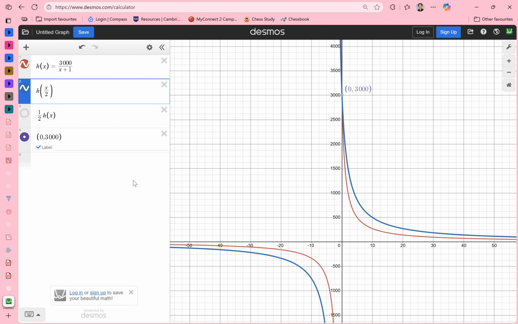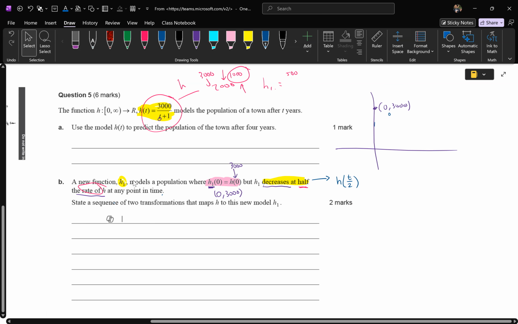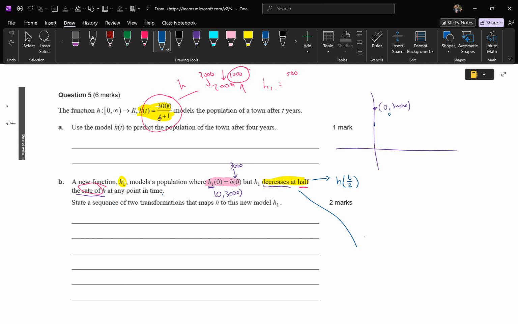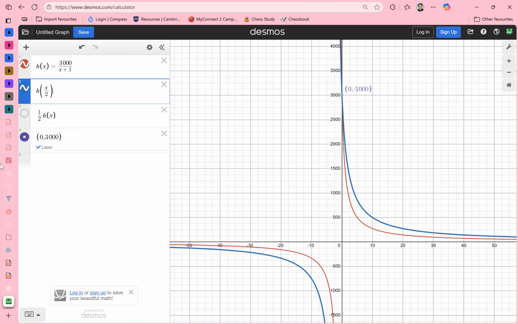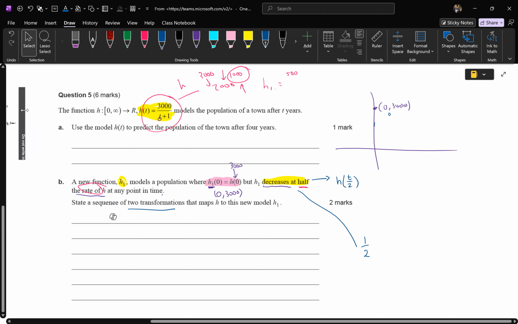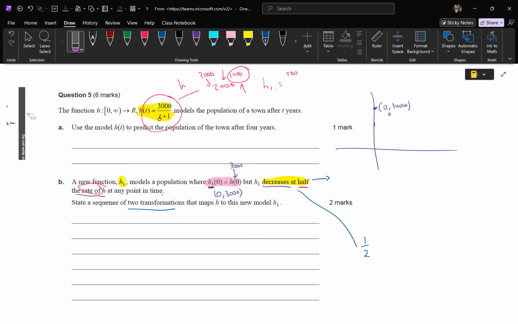So maybe the question was written because they wanted you to do 2 transformations. So how can you still do it and still halve it? Well, you can also halve it vertically. But the problem is, if you halve it vertically, meaning it's a dilation of factor half from the x-axis, so now it's a vertical halving, so the rate of drop is halved, then it's half of h of t.